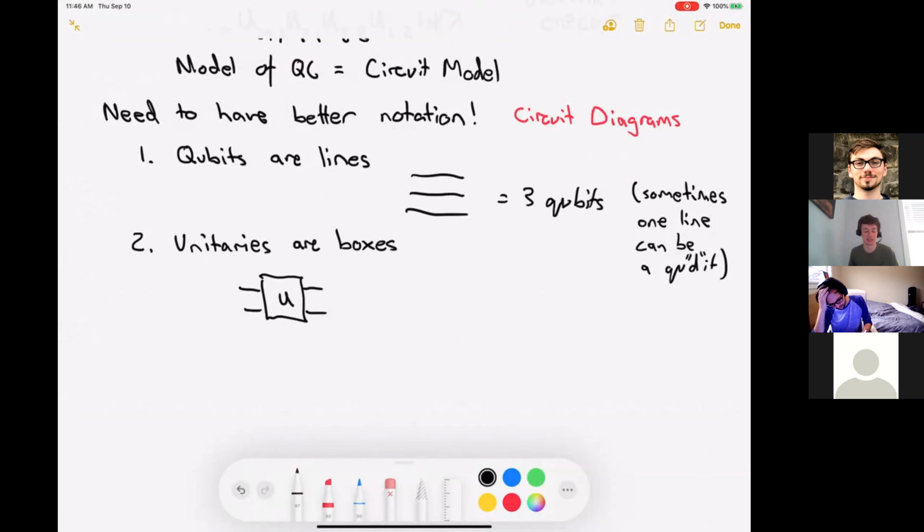So if I have a system like this, with 4 qubits, and 2 of them go into this box, and the other 2 just go straight through, that describes the circuit that looks like some unitary acting on the first 2 qubits, tensored with the identity acting on qubits 3 and 4. We'll often drop the fact that it's tensored with the identity and just write that it's equal to a unitary acting on 1 and 2 and nothing happening to qubits 3 and 4.